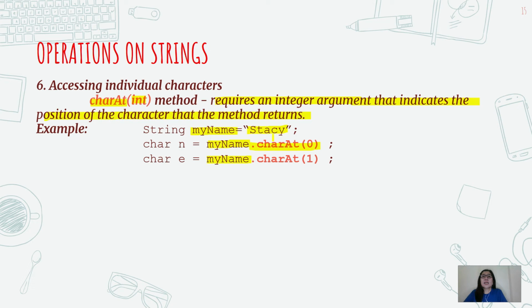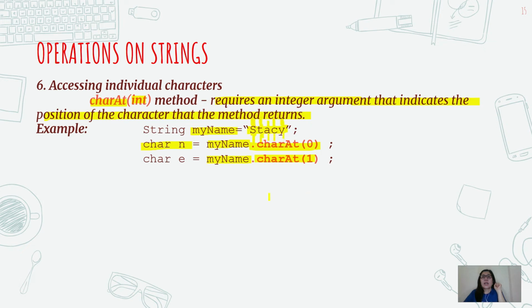Kapag sa isang string, ang index usually starts with 0. So, ang char at 0 natin is S. So, ang magiging sagot dito is S. Char at 1 naman, so 0, 1, so our output here is T. If in case yung index natin is, example, this is 0, 1, 2, 3, 4.